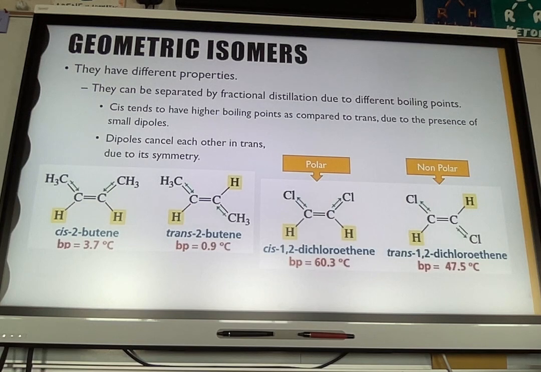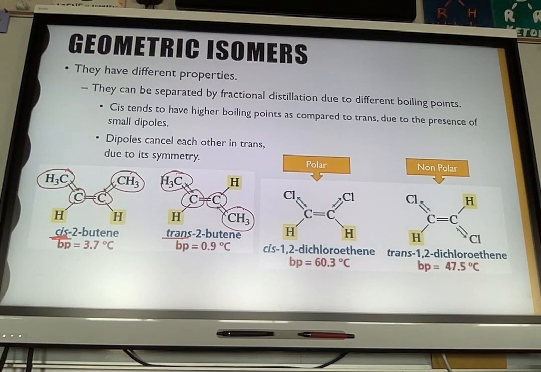Okay, let's look at some more. Here's butene. Notice there are no substituents. It's just a butene. So here's 1, 2, 3, 4 carbons. The one on the left is cis-2-butene, and here's trans-2-butene.